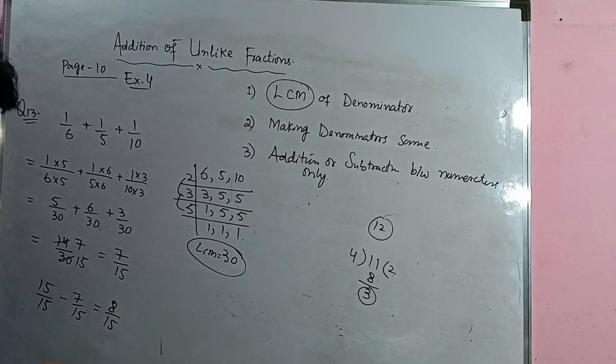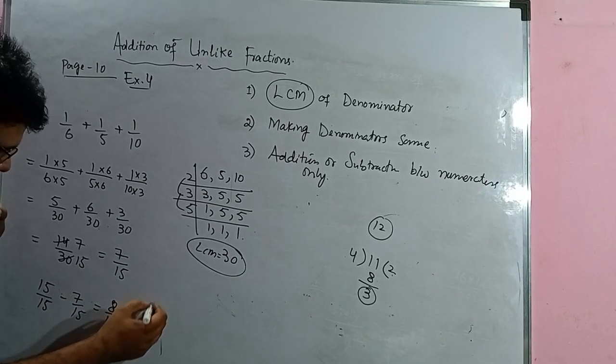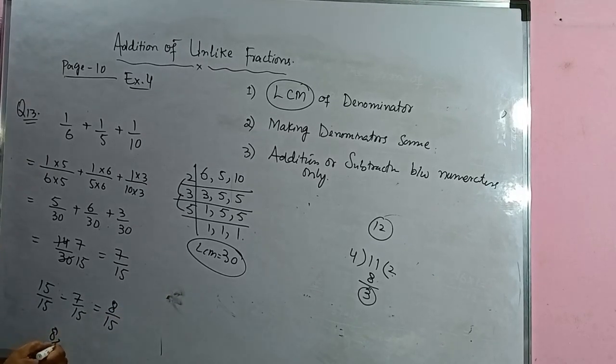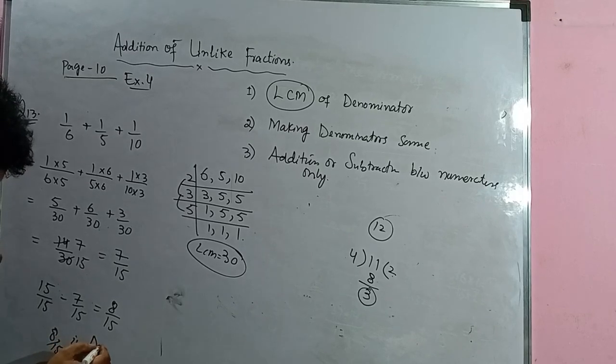So I can write the answer 8 by 15 is D's.